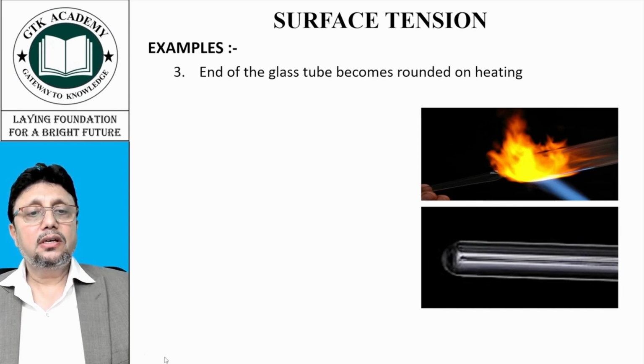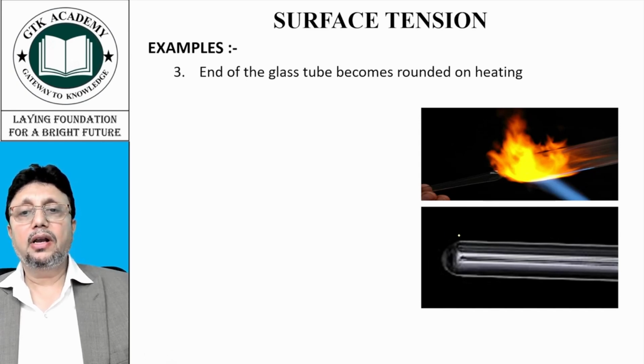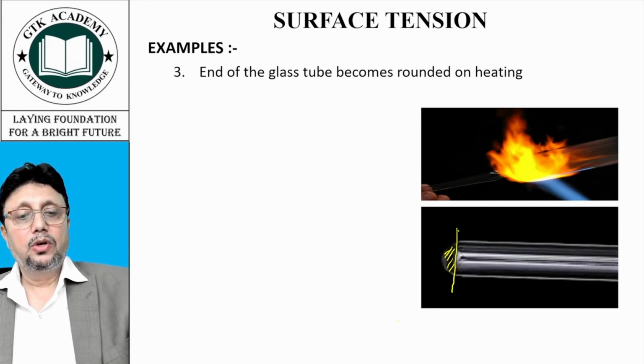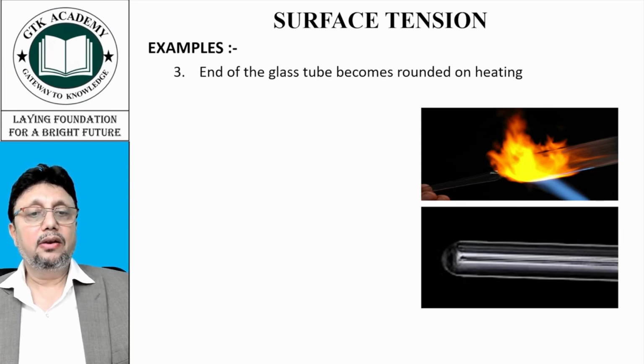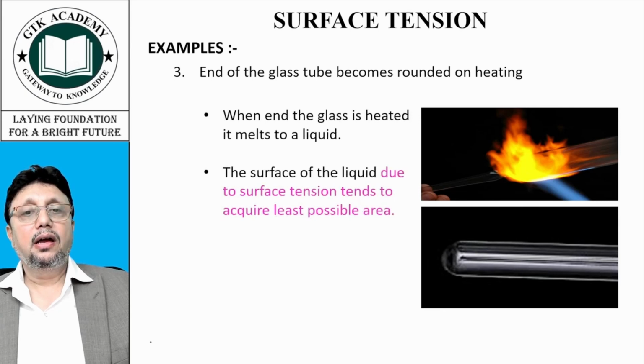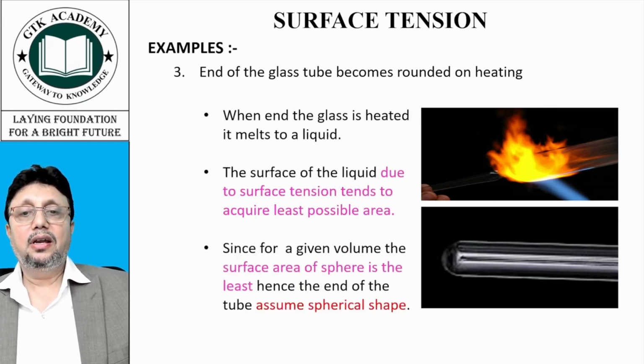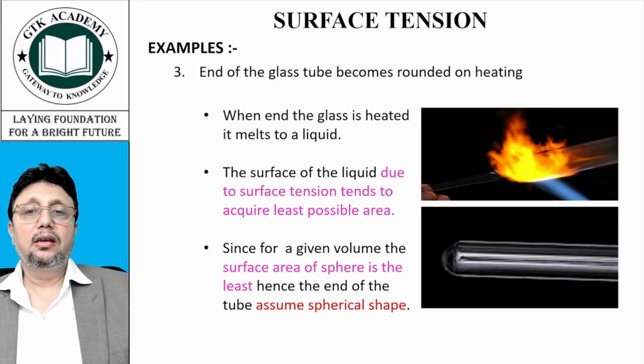Now, since we are heating only the end of the glass, so this portion is heated, so it will try to take spherical shape. So the end of the glass becomes hemispherical, right? It takes the shape of a hemisphere. That means it assumes in that portion the shape is spherical.